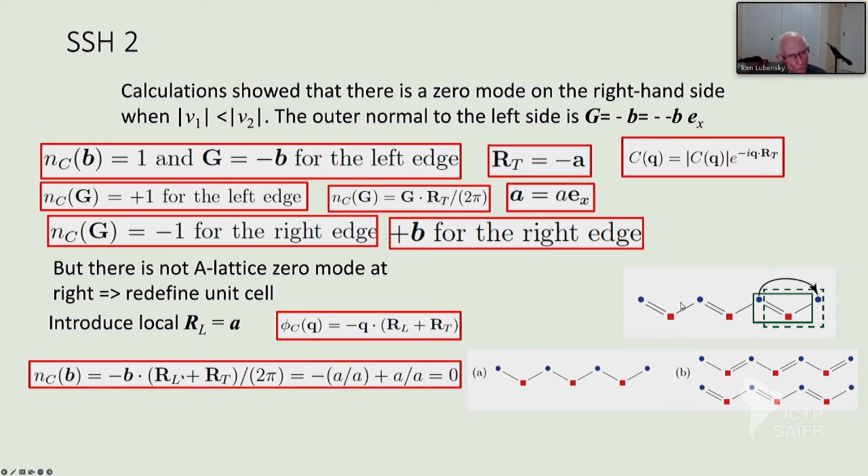But we want to look at the other side, and there we want the number of 0 modes to be 0, as we found out when we use this, that then we can write NC of B is the minus B, because we have a minus sign up here, dotted into what we'll call a local topological number.